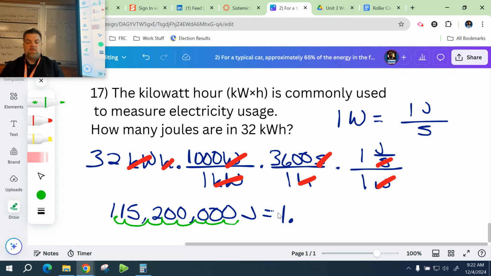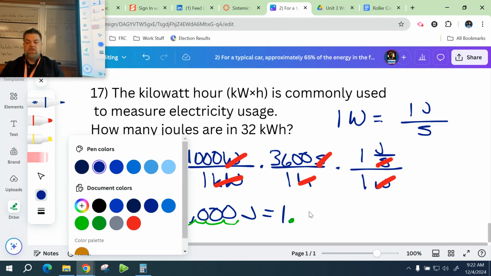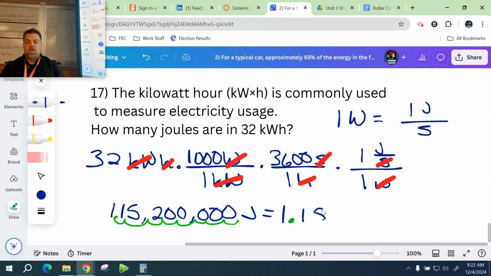I want that decimal to go right here. So I had to move it 8 times. So that means that my scientific notation will be 1.15 times 10 to the 8 joules.